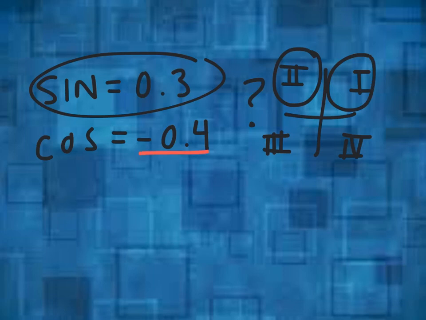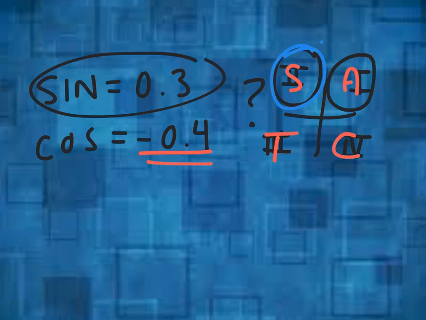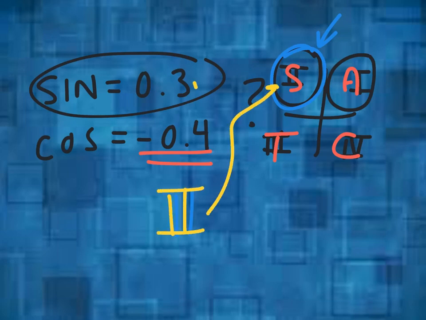And cosine is negative in, let's see, so cast would tell us cosine is negative in this quadrant. So it's this quadrant would be our answer, number 2, because in that quadrant sine would be positive and cosine would be negative. That would be the only location that that would take place.